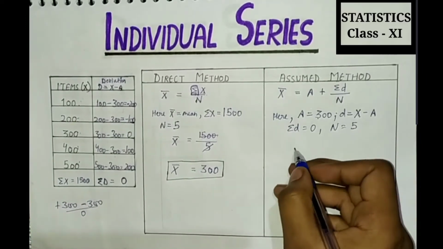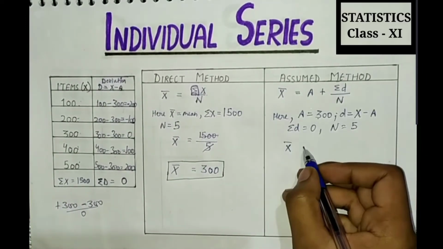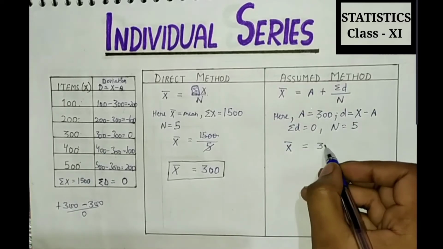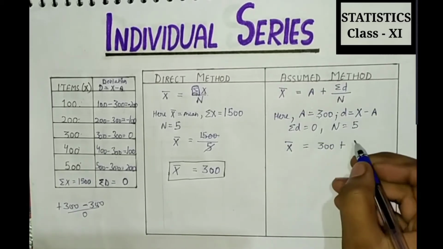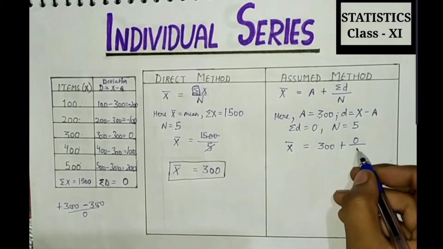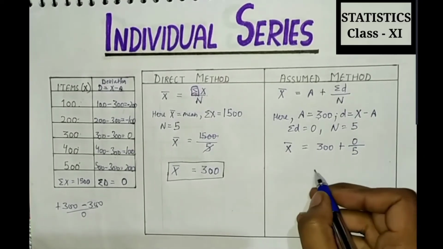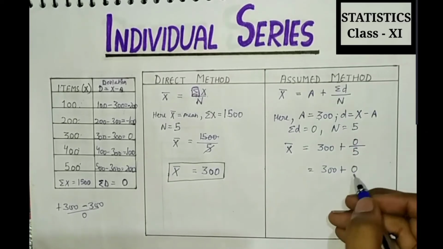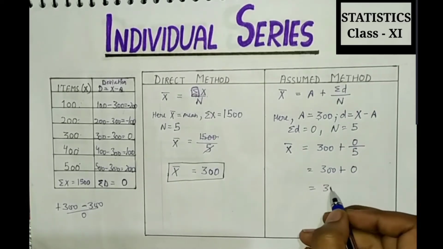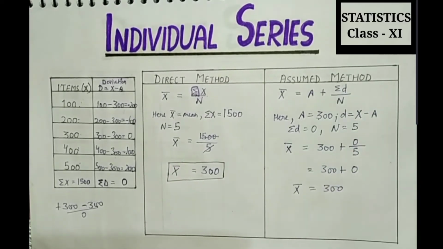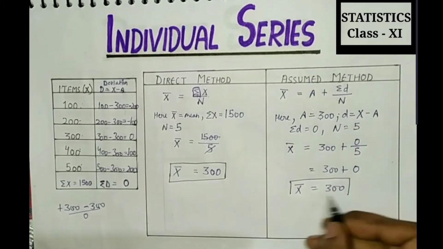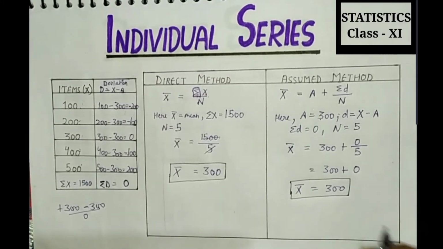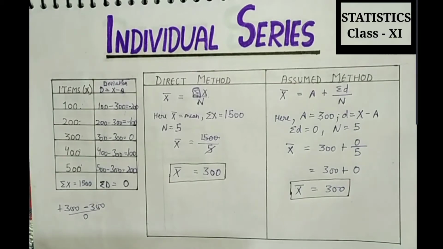So now substituting the values in the formula, mean is equal to a, which is 300, plus sigma d, which is 0, upon n, which is 5. So 0 upon 5 is 0. So this is 300. Our mean is 300. So whatever method you use, your answer will be the same.